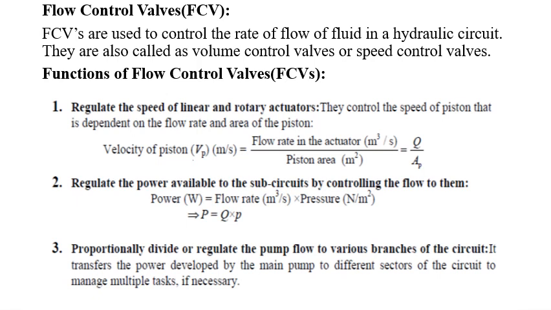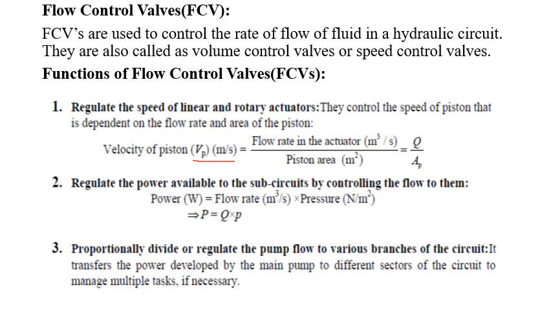It is equal to the flow rate in the actuator in cubic meters per second divided by the piston area in square meters, denoted by Q by Ap. So velocity of piston Vp equals Q by Ap.